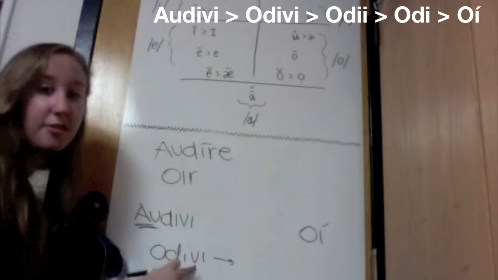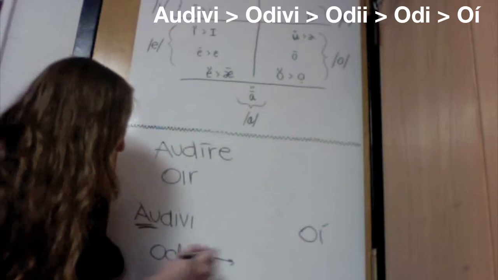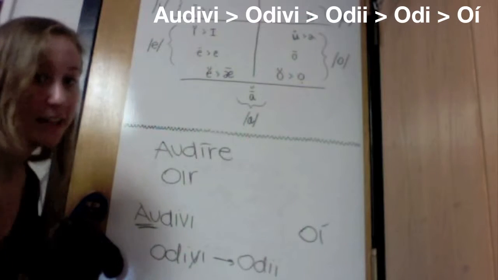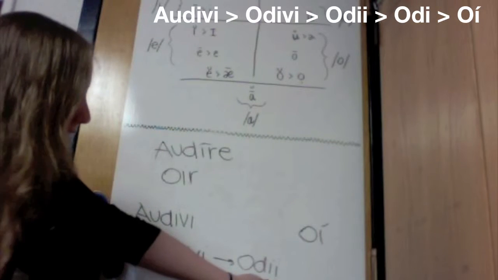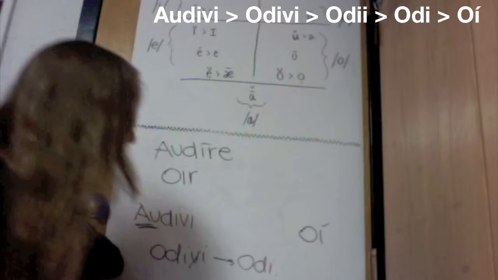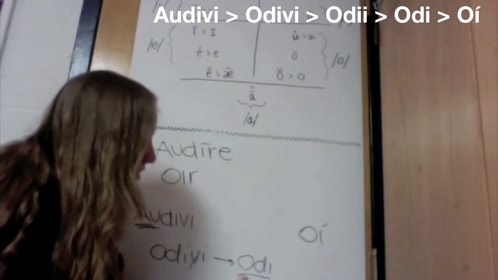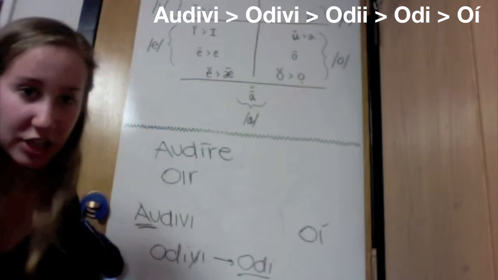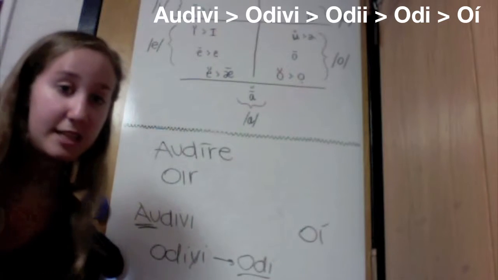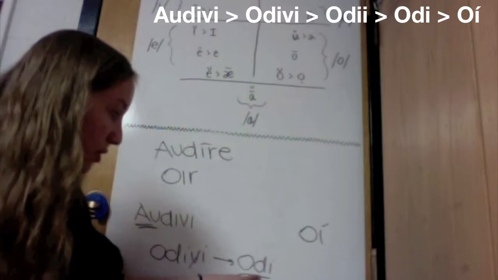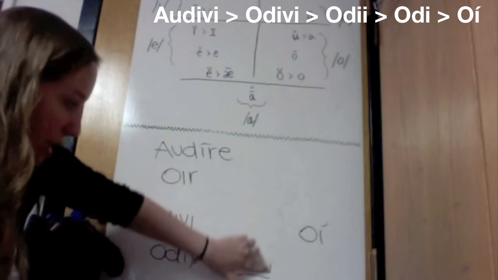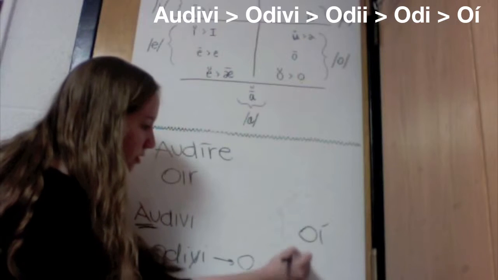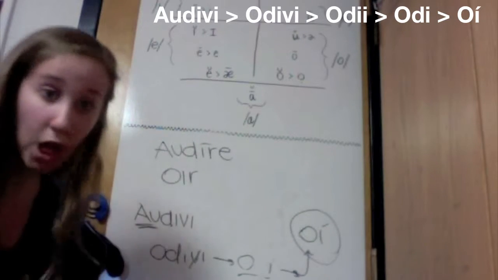But because the V is in between two vowels, that comes out to odi. And like I said, they're two of the same vowel, so one cancels out to get odi. The same thing actually happens with these as it does with T's and V's. Because the D is in between two vowels, it goes away as well, and you get oí.